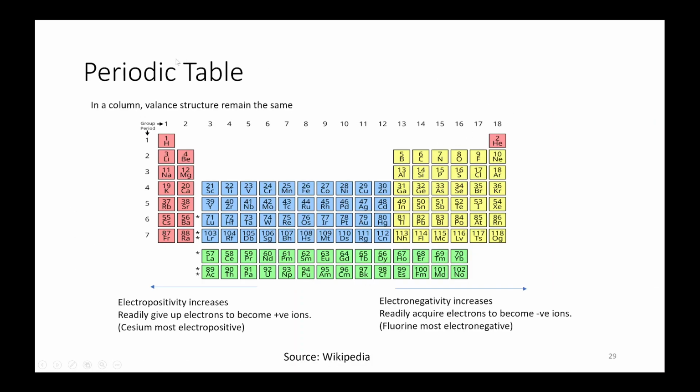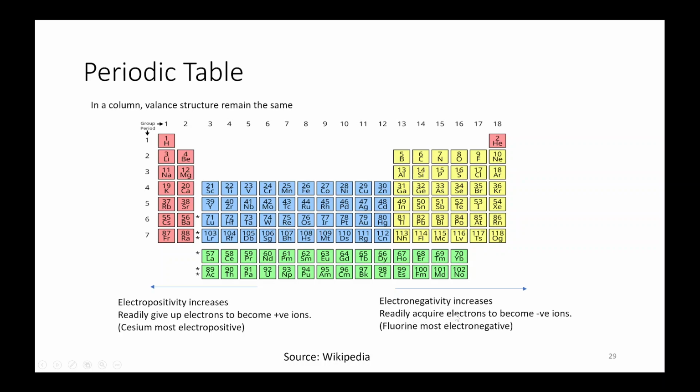Now for the periodic table, when you go along the columns, you see that they have a similar number of valence electrons. For example, in this line, all these elements show similar behavior, so they have similar valence structure. When we move to the right side, electronegativity increases because they are gaining more electrons.